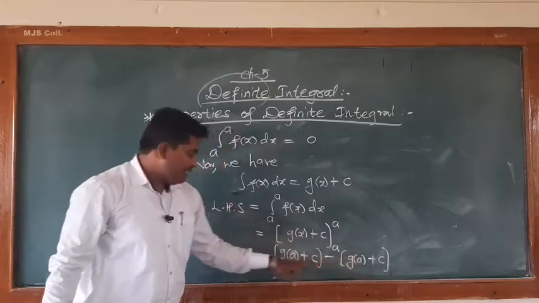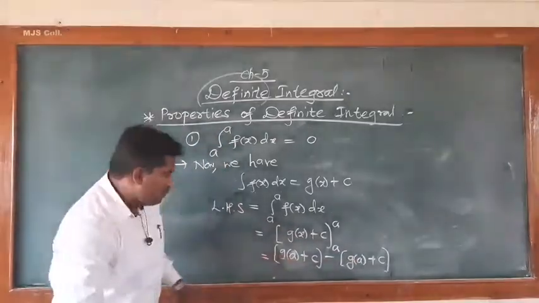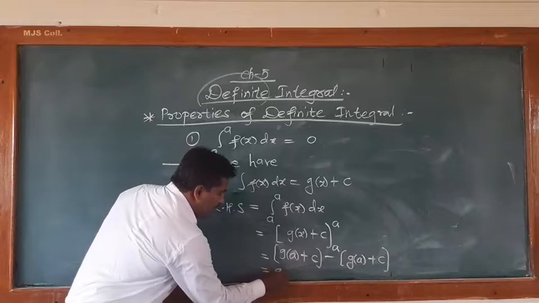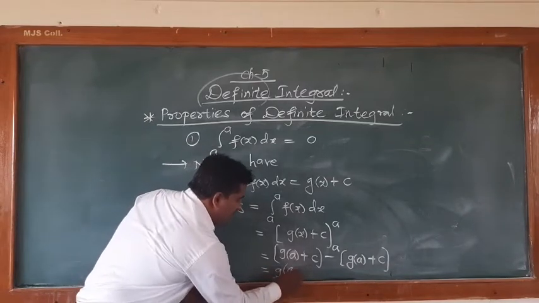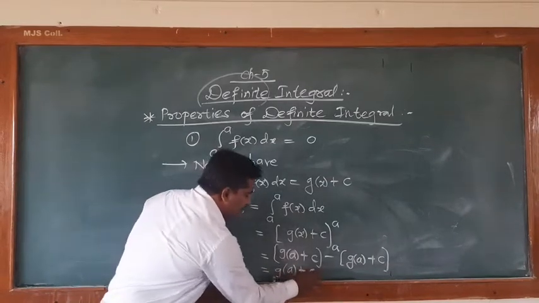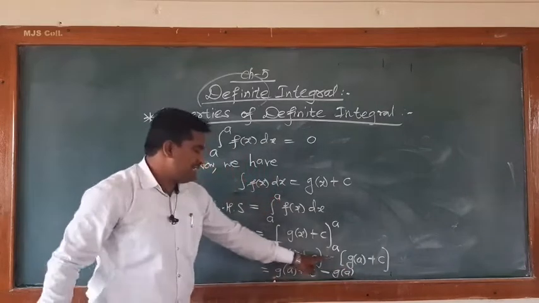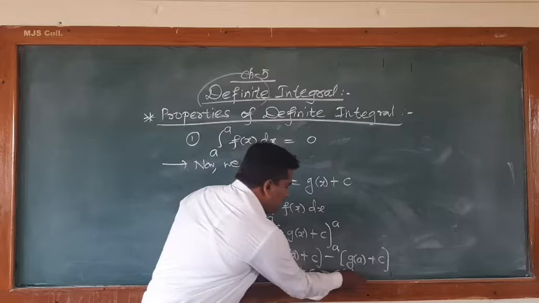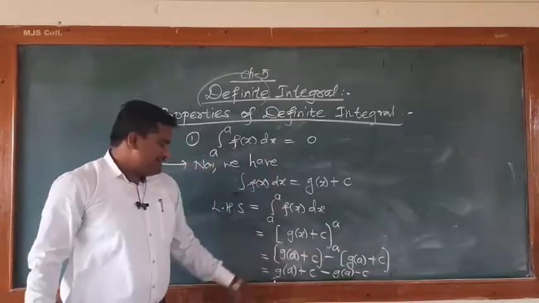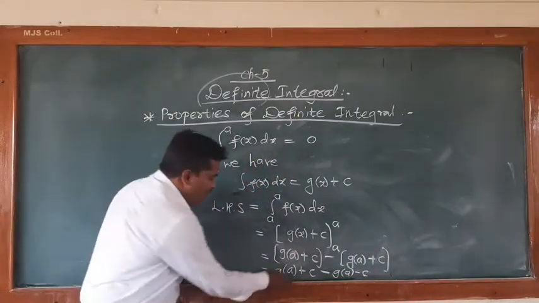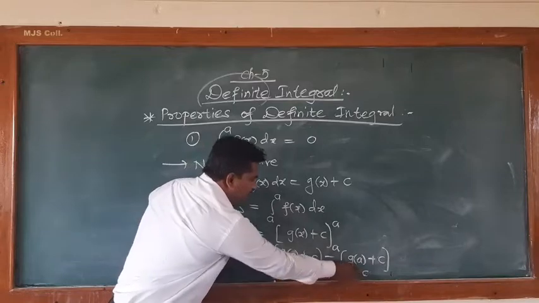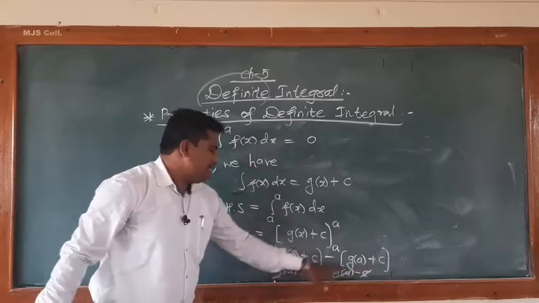It is a lower limit and it is an upper limit, so g of a plus c minus g of a. This minus sign applies on both, minus c. That means there is a cancellation of all factors, g of a, c and c.